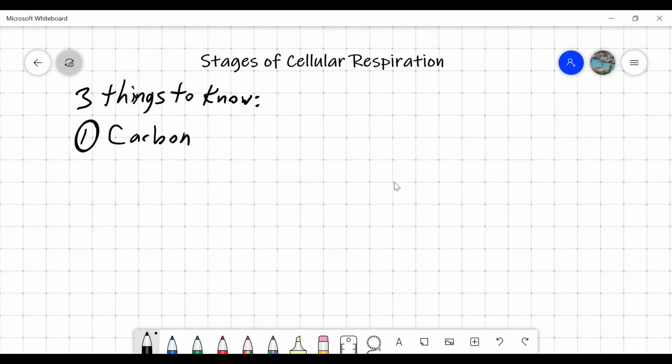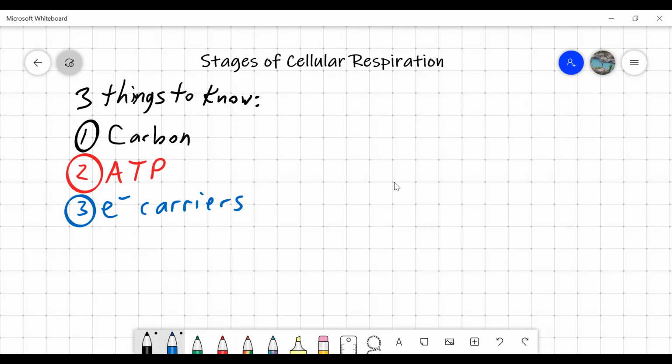And I'm going to color code all of this. So I'm going to use red for number 2. Red is for ATP. And then I'll use blue for the last one. The blue is for the electron carriers. Okay, so those three things I want you to pay attention to as we go through respiration.